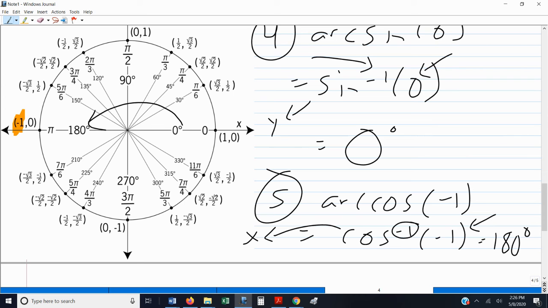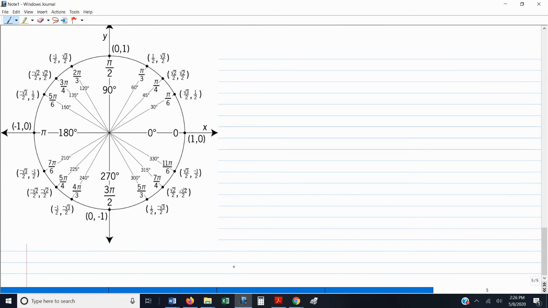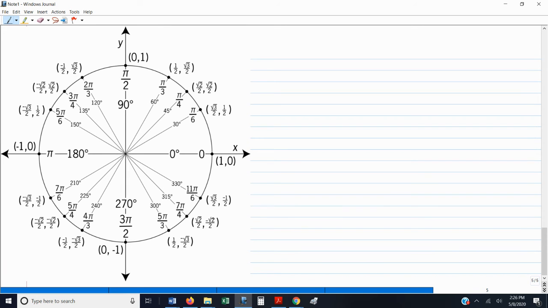All right, the last thing we're going to see, and I'll show you 4 examples because these are a little bit trickier, is going to be inverse tangent. So I want to start by just finding the tangent of each of these. So let's do the tangent at 30 degrees. Do you remember the formula for tangent? It's y over x.